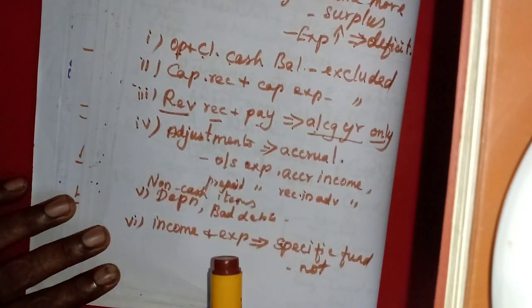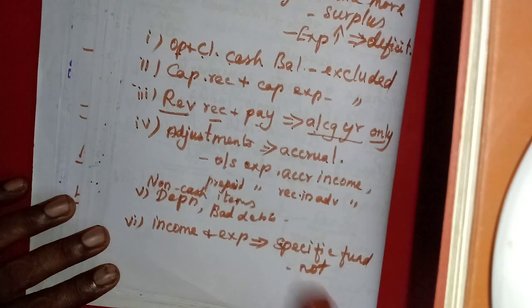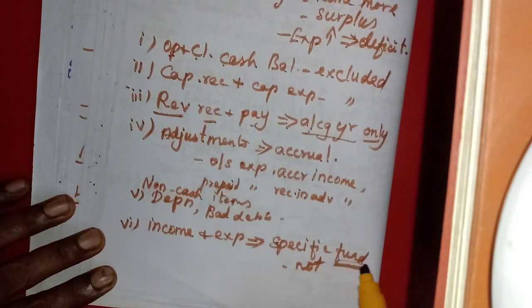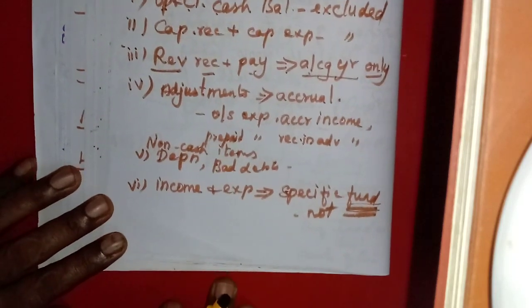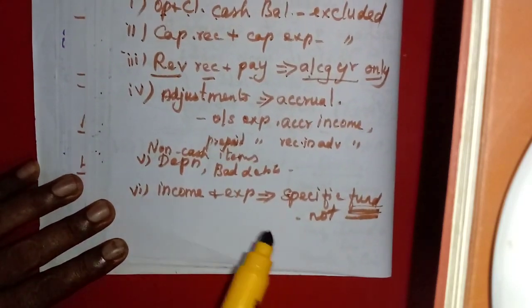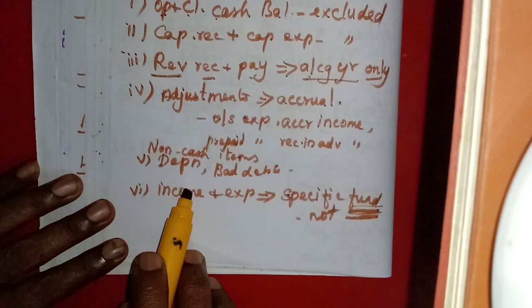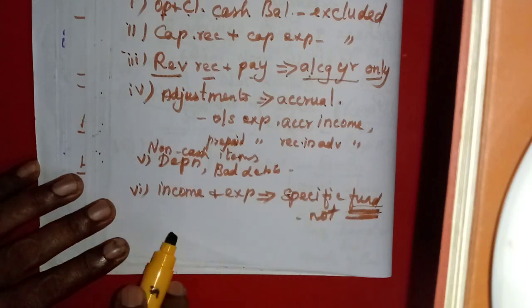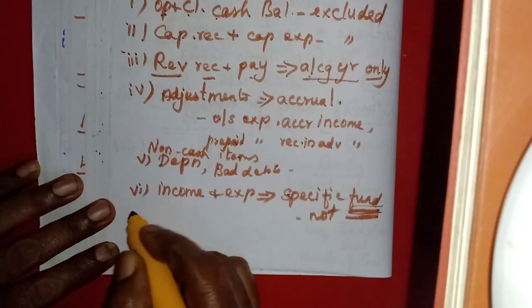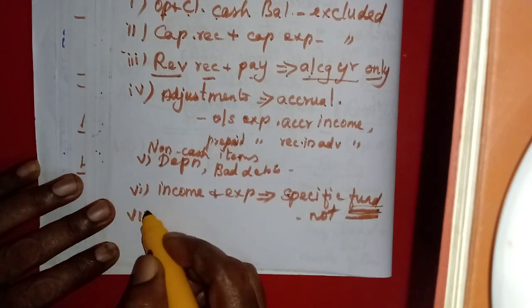This must be adjusted only with that specific fund. Income will be added and expense will be deducted from that fund. That must not be entered in the income and expenditure account.